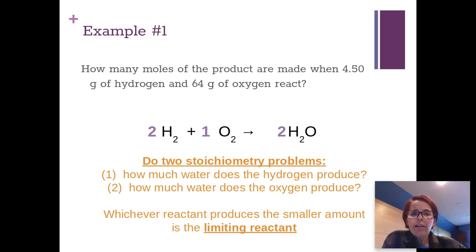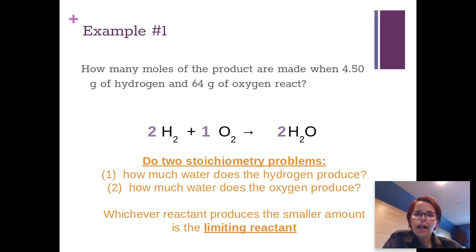So in this case, we have our balanced equation, and it shows that we have a 2 to 1 to 2 mole ratio. So in order to solve the question, we do 2 stoichiometry problems. The first one, we're going to find out how much water the hydrogen produces. In other words, if you just had 4.5 grams of hydrogen and an unlimited amount of oxygen, how much water would be produced in that circumstance?